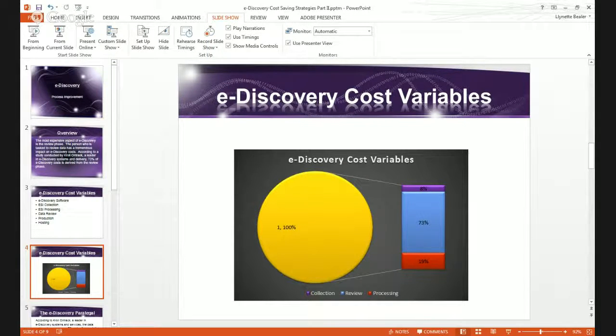So again, the majority of the cost related to eDiscovery is specifically attributed to the review phase. That's a lot. That's over half. More is spent on the review phase alone than the collection and processing phases combined.